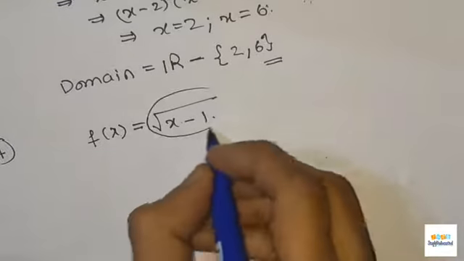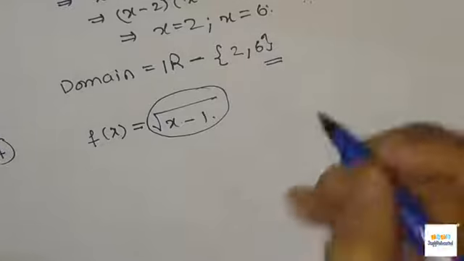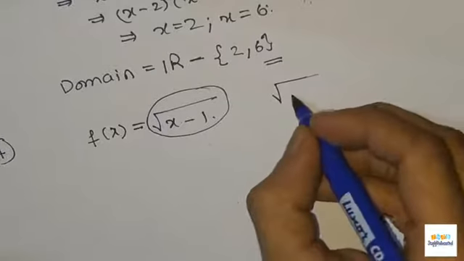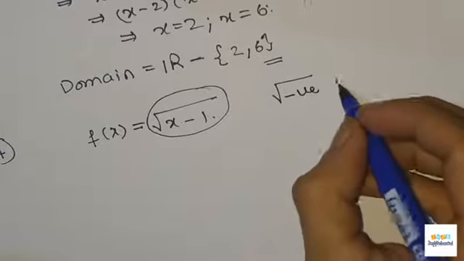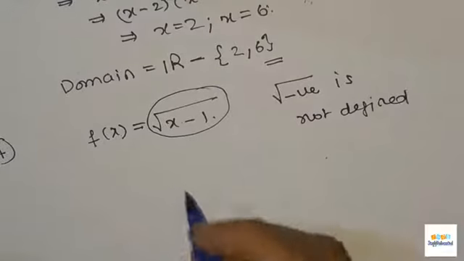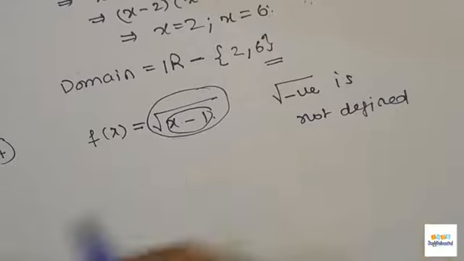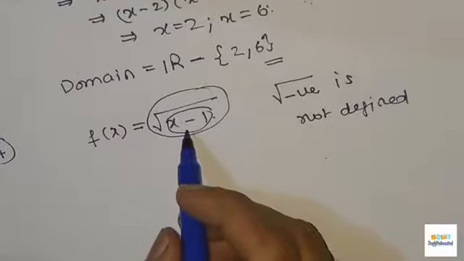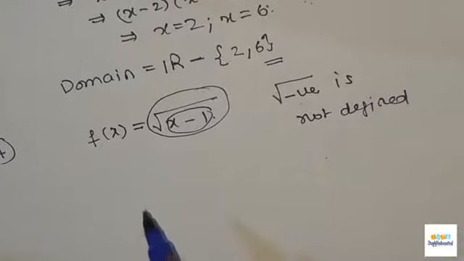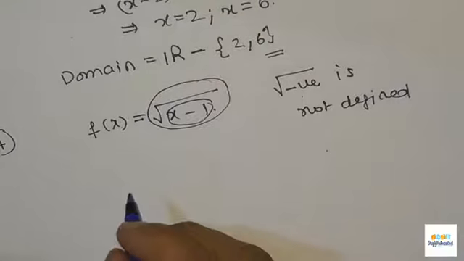Now here the function is defined as root of (x minus 1). Now you know that root of a negative quantity is not defined. Okay, so we have to check where this value in the root is non-negative, that means greater than or equal to 0.